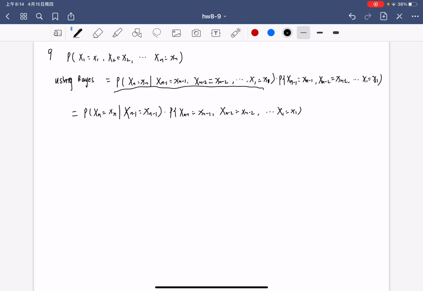And then, using the same method, we rewrite this part, and using the same method above to rewrite this part.